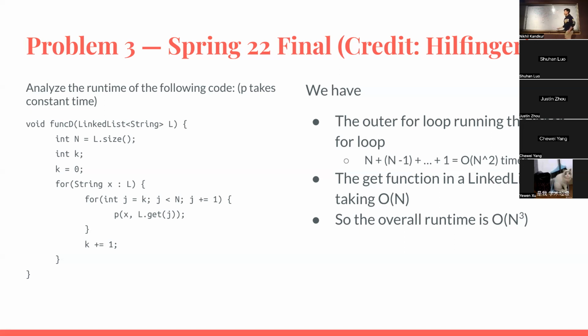We have to remember that in a linked list, getting an item takes linear time, because you have to go through every single item until you get to what you're trying to get out, which means that this line of code in the middle takes theta of N. And since we have this nesting of loops, we can just multiply again, and our overall runtime is theta of N cubed.